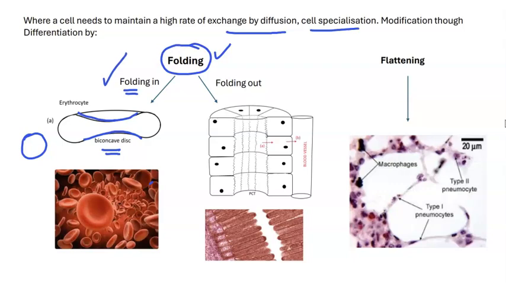And then here, this is a diagram of the proximal convoluted tubule of the kidney nephron, the first section of the kidney nephron. And this also has problems with surface area to volume ratios.